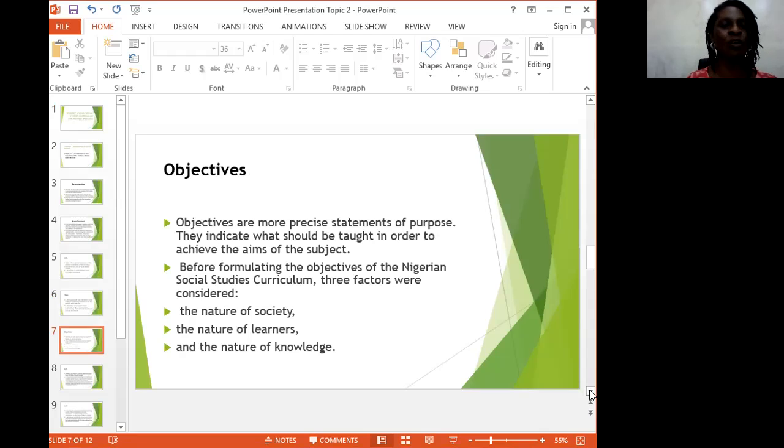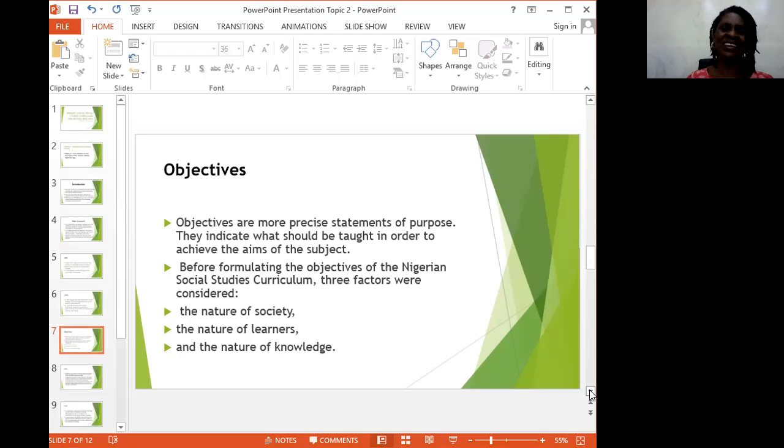Before formulating objectives of the Nigerian Social Studies curriculum, three factors were considered. And I want you to take note of these three factors that were considered before the objectives of the social studies curriculum in Nigeria were formulated. One, the nature of the society. Two, the nature of the learners.